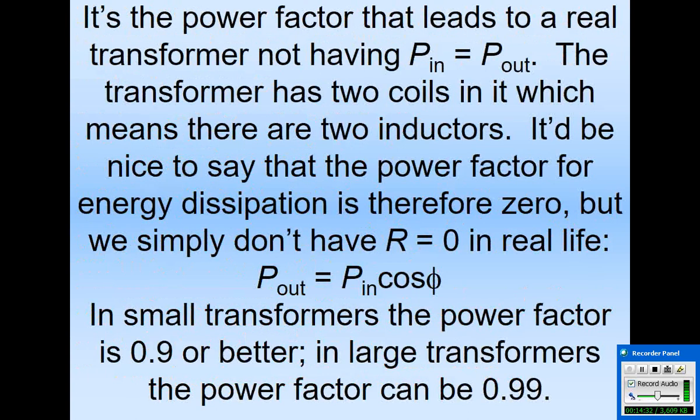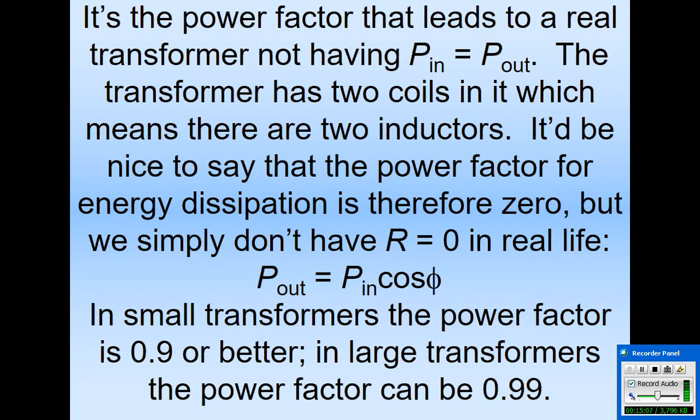But to be honest, there's going to be a little bit of that energy lost in the transformer because we have these big old inductors that are trying to diminish the amount of energy that's getting dissipated through resistance, that's getting sent to the other coil effectively in the transformer. Because of non-ideal effects, the power factor is not necessarily exactly equal to 1.